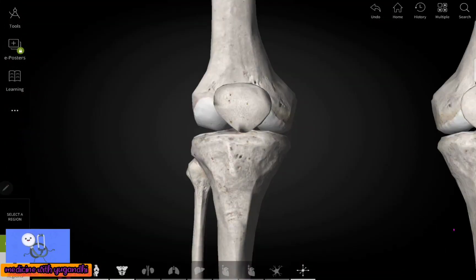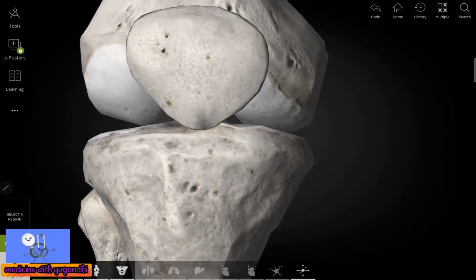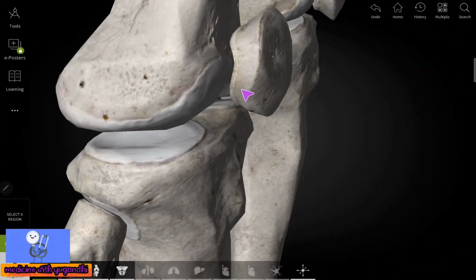So now coming to the next topic, the articular surfaces. The first one is condyles of the femur, that is medial and lateral condyle, then the patella, then condyles of tibia, both medial and lateral. The condyles of the femur articulate in front with the patella.